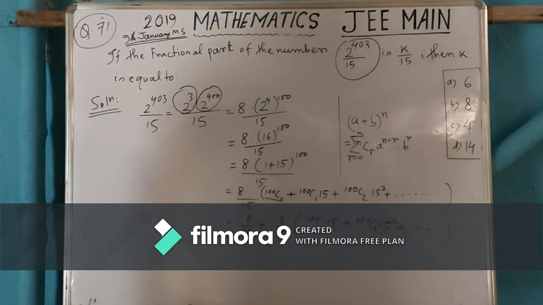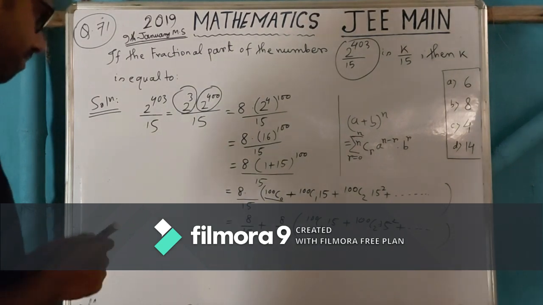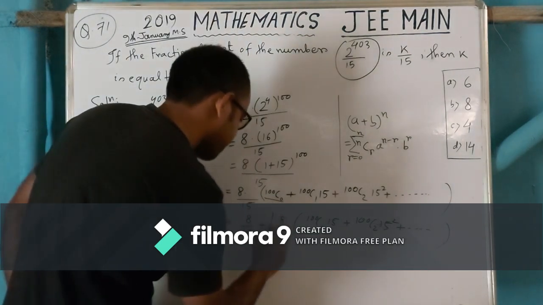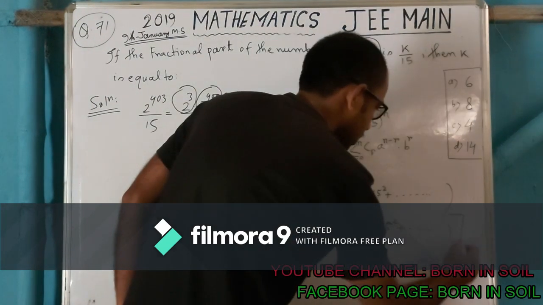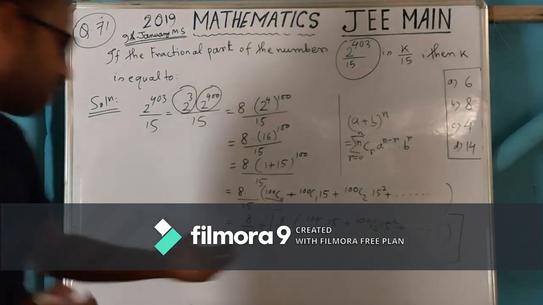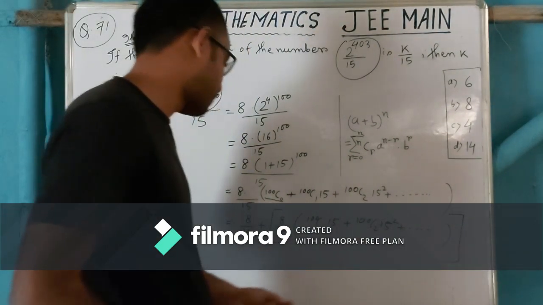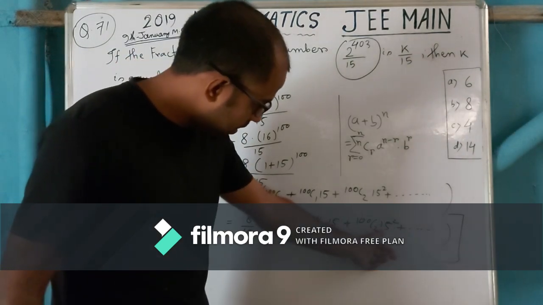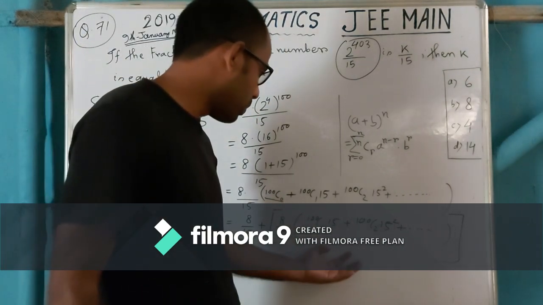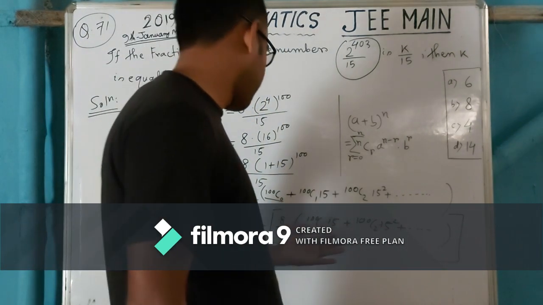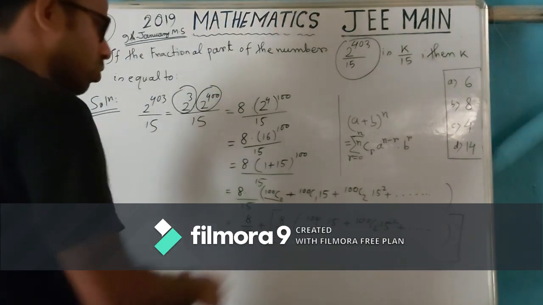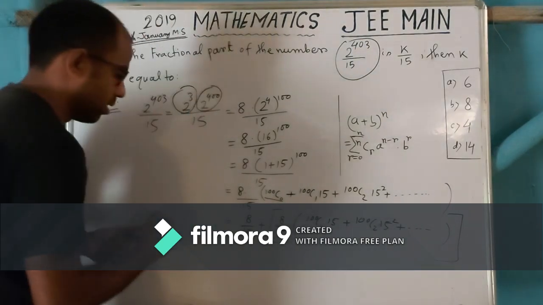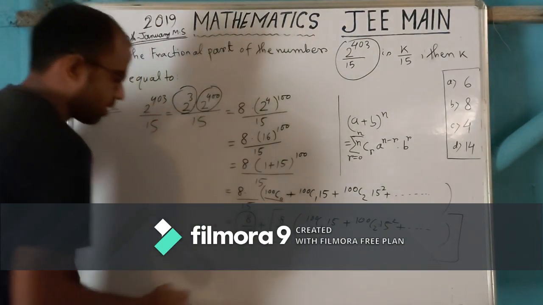Here you see that these terms are not fractional parts, because each has a factor 15, or 15 squared. When we calculate these values we get a positive integer, so this part is not a fractional part. Only this part, 8 by 15, is the fractional part.